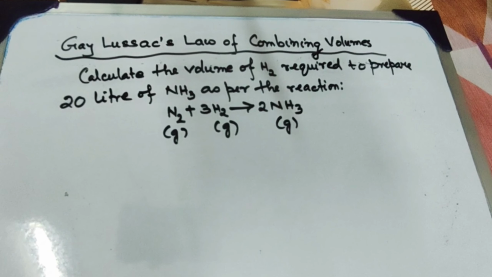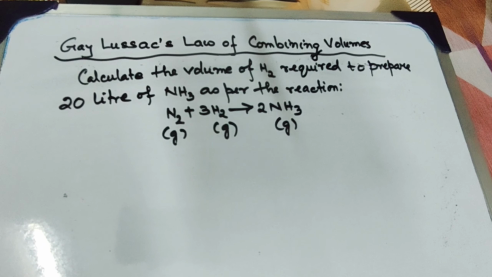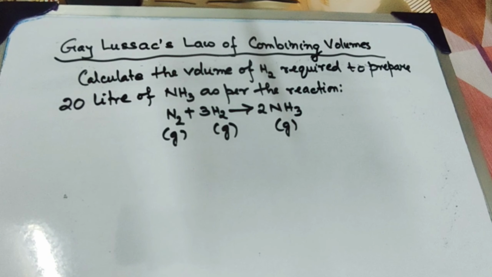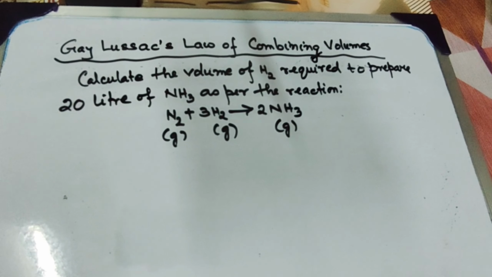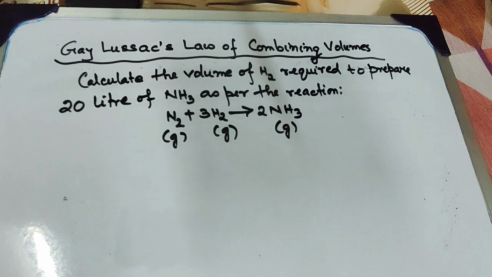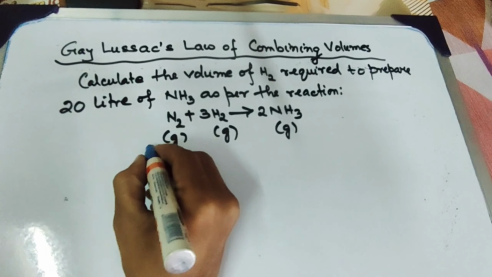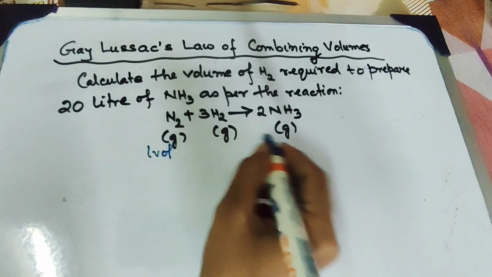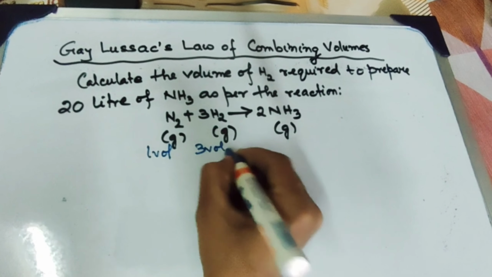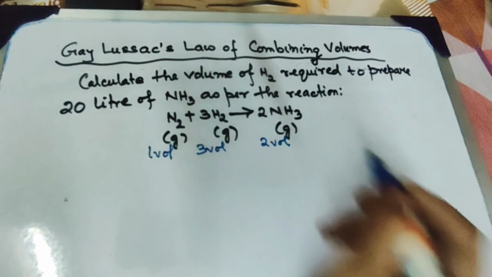Calculate the volume of H2 required to prepare 20 liter of NH3, ammonia, as per the reaction. That is, we can see that gaseous reactants N2 and H2 are combining to give gaseous product ammonia. And what is the ratio of the volumes? This is 1:3:2. 1 volume, 3 volume and 2 volume over here.